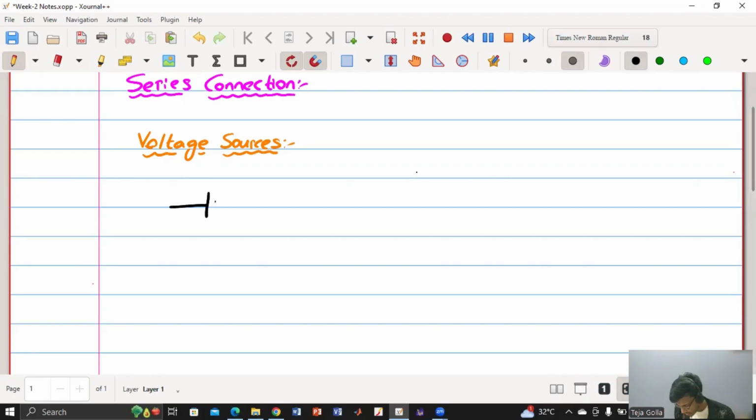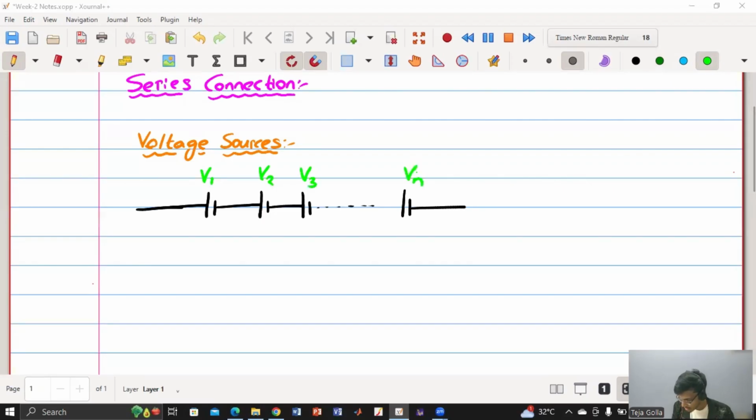Say this is one voltage source, this is another voltage source, this is another voltage source, and so on up to n such voltage sources. I will name them V1, V2, V3 up to Vn. So there are n such elements. Now, can you tell me what will be the effective voltage here? V effective.